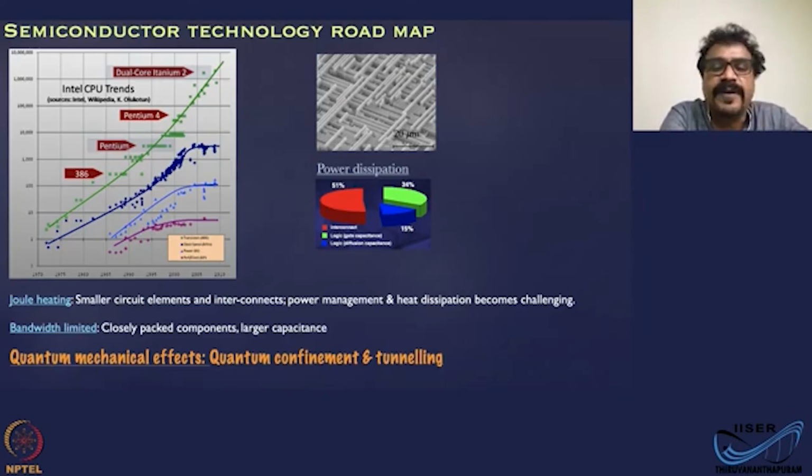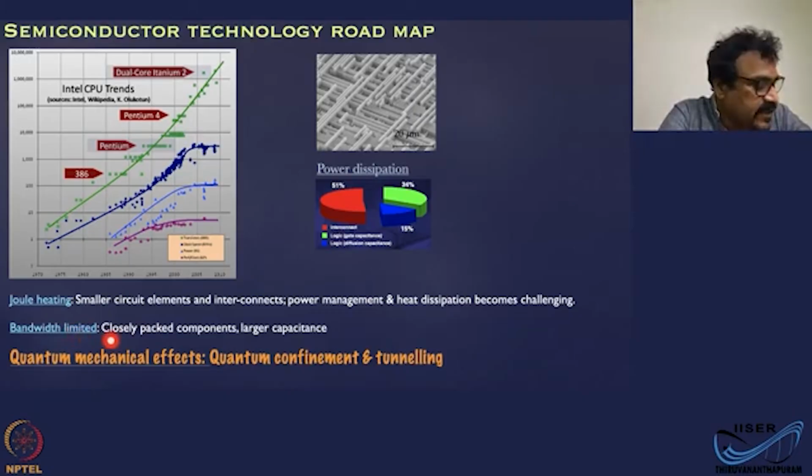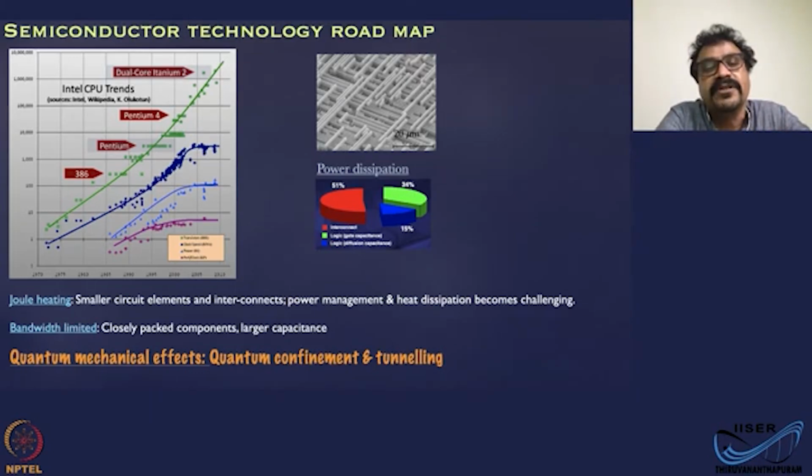It's an overview to give you a feel. And secondly, it's bandwidth limited. But more fundamentally, there is another issue, that is the quantum mechanical effects. The quantum confinement effects and the quantum tunneling effects will also come into the picture. You cannot address those classically. Those are inherent quantum mechanical effects, which need a different kind of approach to solve.